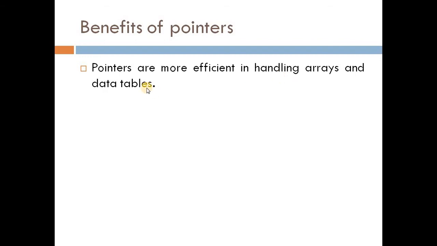So pointers make us operate quickly and effectively for handling arrays and data tables. We have seen arrays previously, and the two-dimensional arrays are data tables. So if we want to operate quickly and effectively on arrays and data tables, it is better we use pointers. So this is the first benefit.